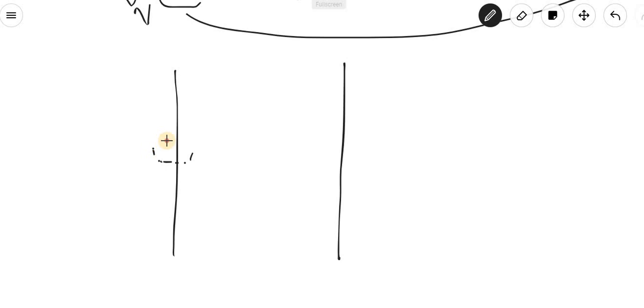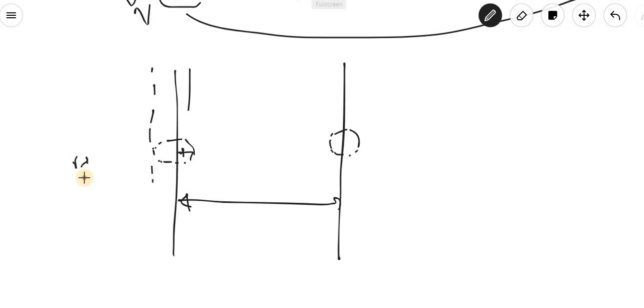Suppose here there is a conductor with some radius, which is very small, and the spacing between the two conductors, center to center, is much greater than the radius of the conductor. Obviously, this is the practical part.